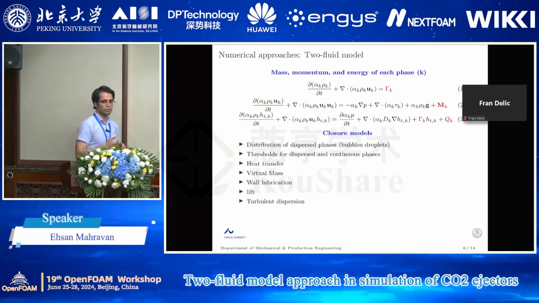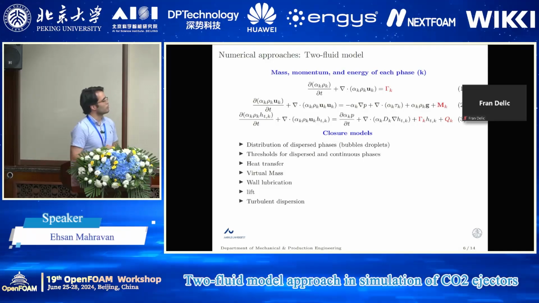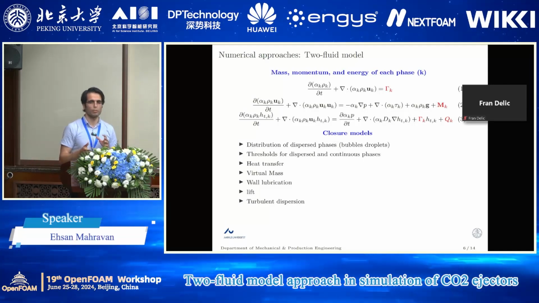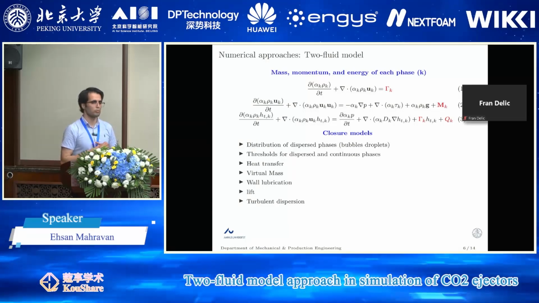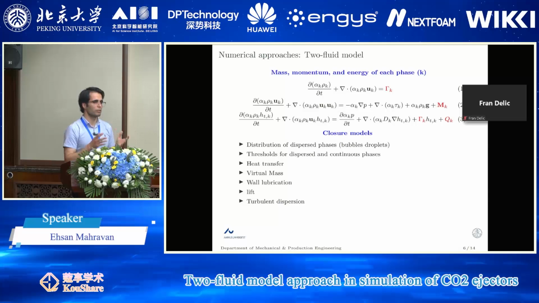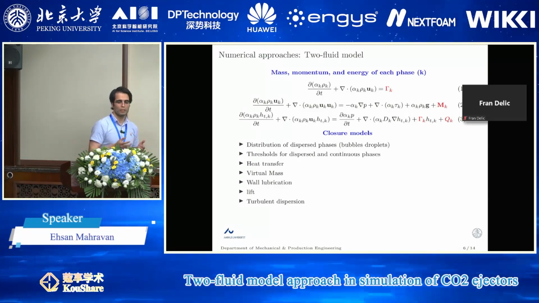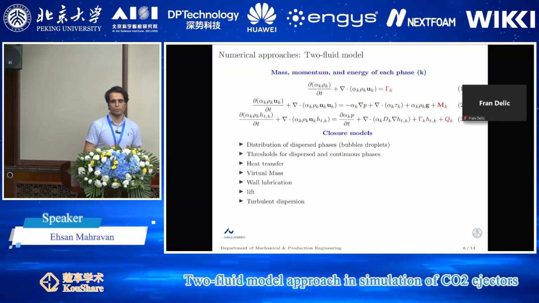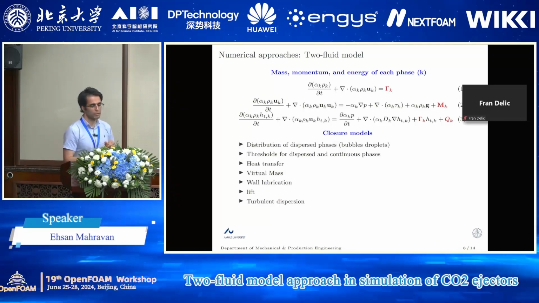And these closure models are quite a lot. Like, you need a model for distribution of the phases. You may have bubbles, droplets, and then you need to assume when vapor or gas or liquid is continuous, when it's not, and then heat transfer coefficient, virtual mass, wall lubrication, lift, and turbulent dispersion.